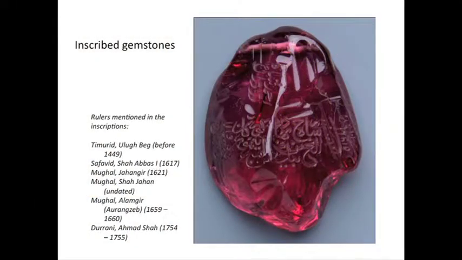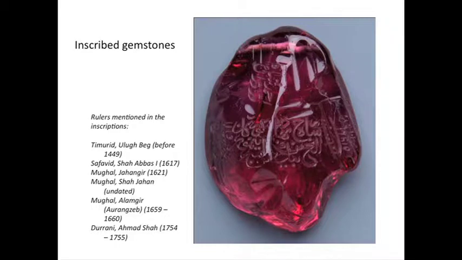I talked a little bit earlier about this idea of inscribed gemstones. This is a ruby that is about 250 carats. It was given to one of the Mughal emperors by a ruler in Iran, and we have the 6 owners of this gem.